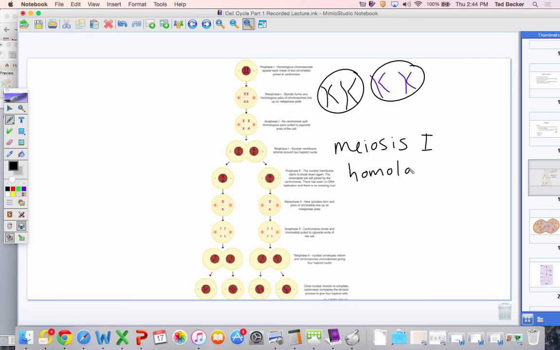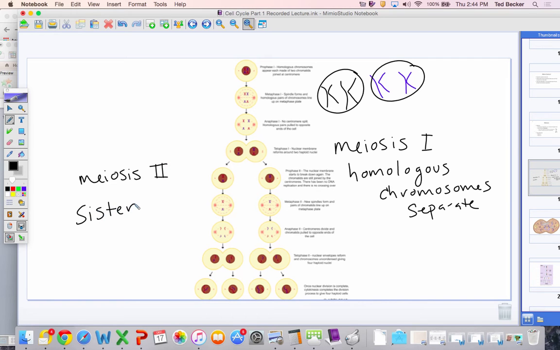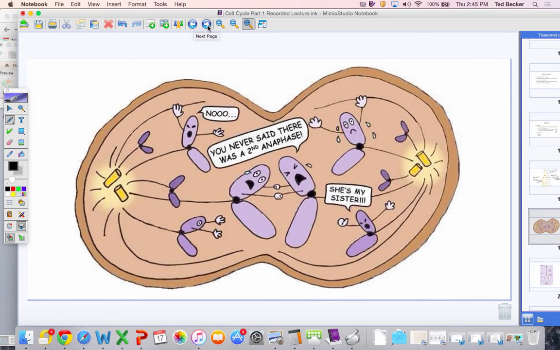Homologous chromosomes separate. And then during meiosis 2, that's where sister chromatids separate, like they do in mitosis. So there's 2 divisions, and in meiosis 2, sister chromatids separate.